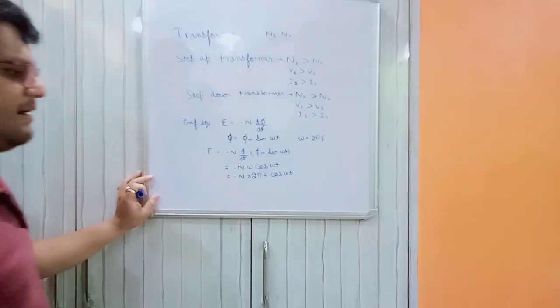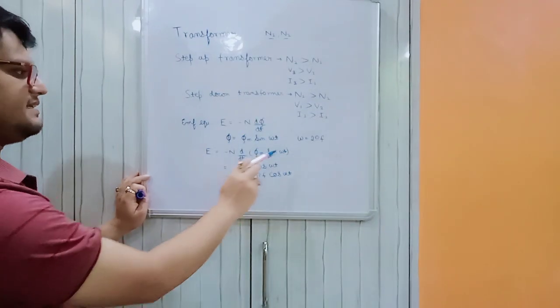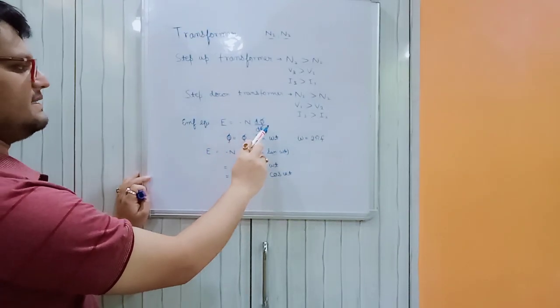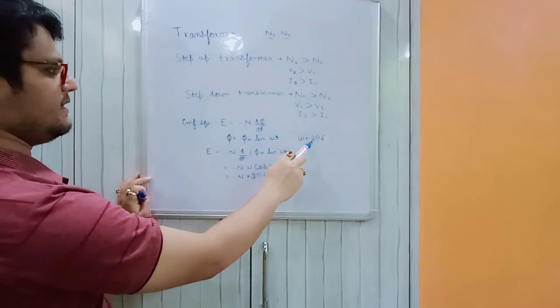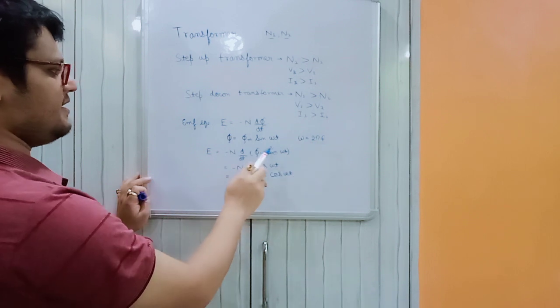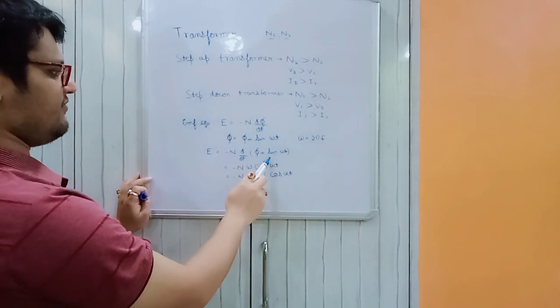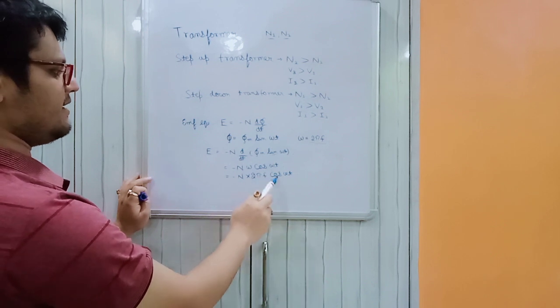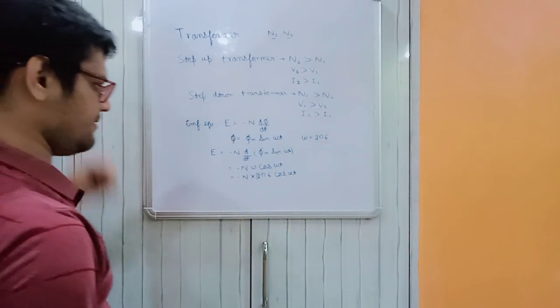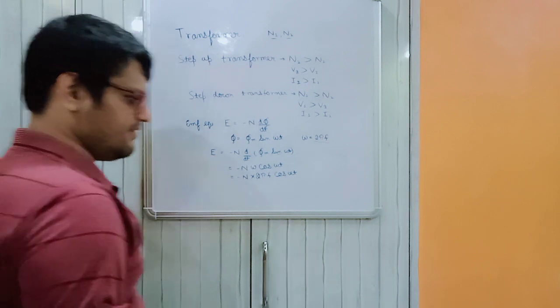I hope I'm going in the right direction. E is equal to minus N d phi by dt, phi is equal to phi m sin omega t, and we are putting omega as 2 pi f. First differentiating, we get minus N omega cos omega t, then minus N into 2 pi f.